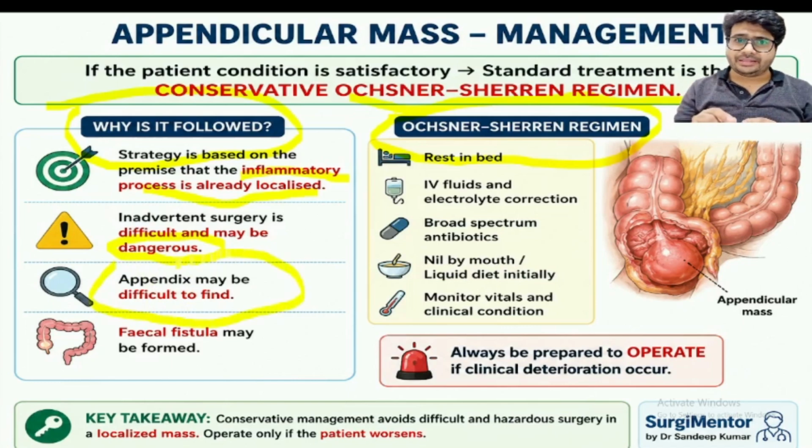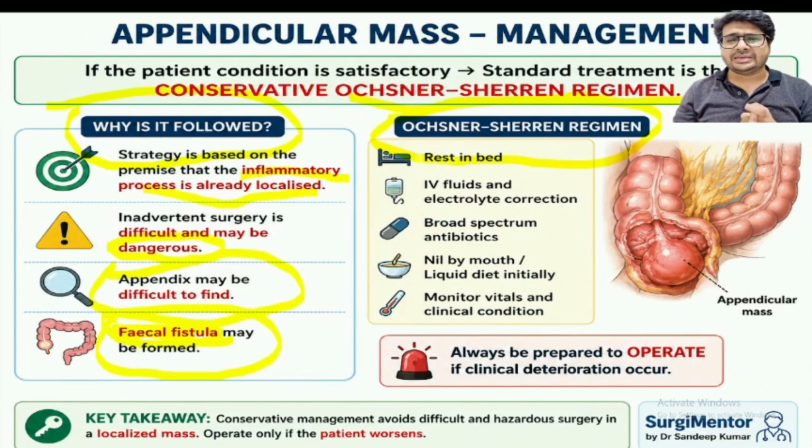And if you operate on this patient, the appendix will be very difficult to find. And if you somehow successfully complete the surgery, there will be serosal tears and injuries, and the patient will be highly likely to have a fistula formation, that is fecal fistula. So this is an important regime, and we'll learn what it is.